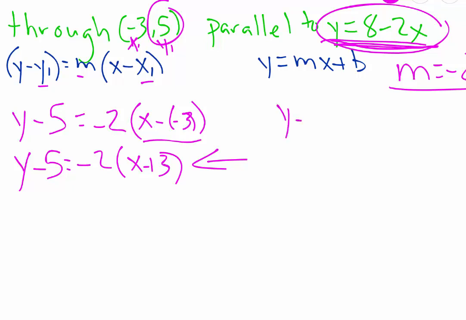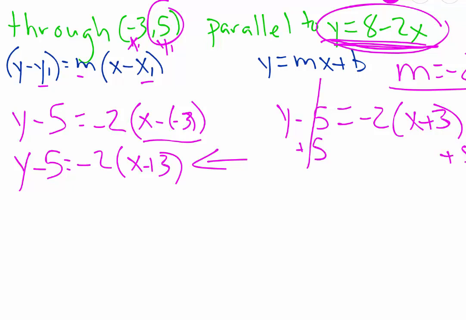So I'm going to rewrite that equation, because now we are also going to write that in slope intercept form. To go from point slope to slope intercept form, all we have to do is add the number to the right-hand side, and then we need to distribute the number in front of the parentheses.